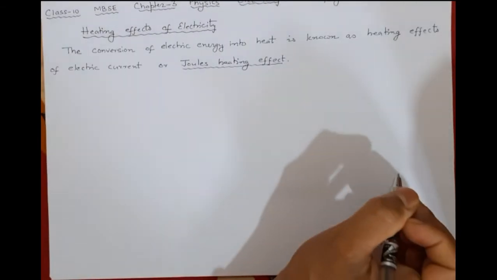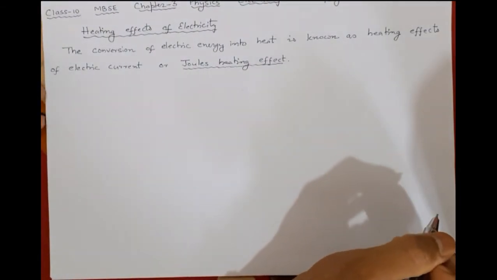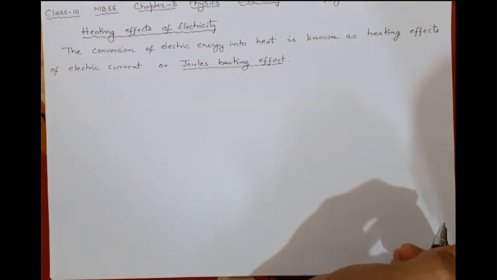Okay, so the next topic is heating effects of current. This is the definition of heating effects of current. Basically, in any object, once we pass electrical energy through any source, the free electron movement inside it will be disturbed.